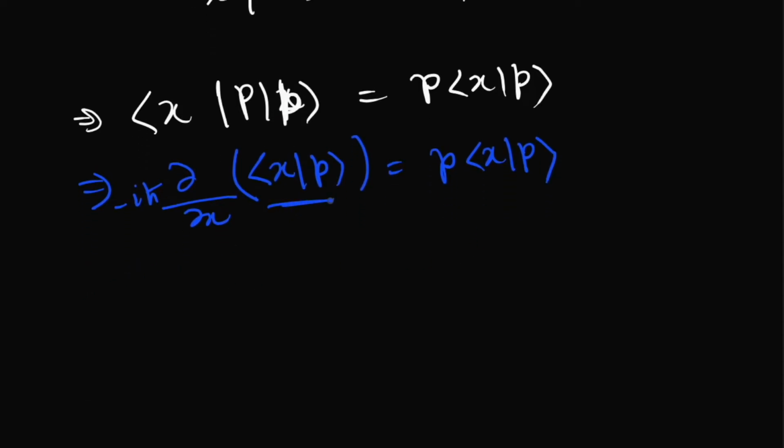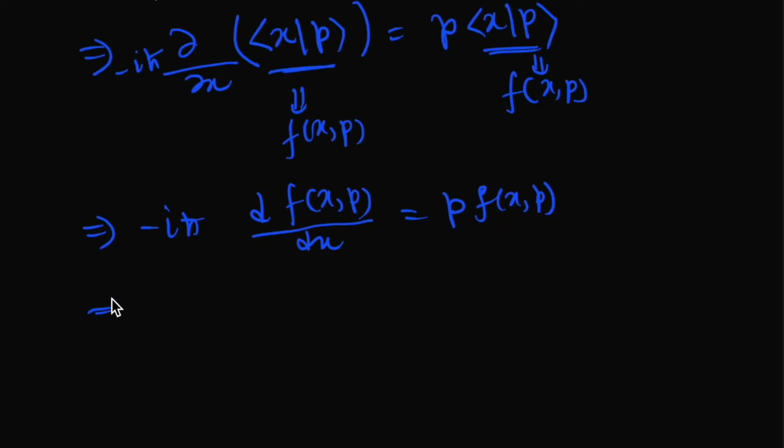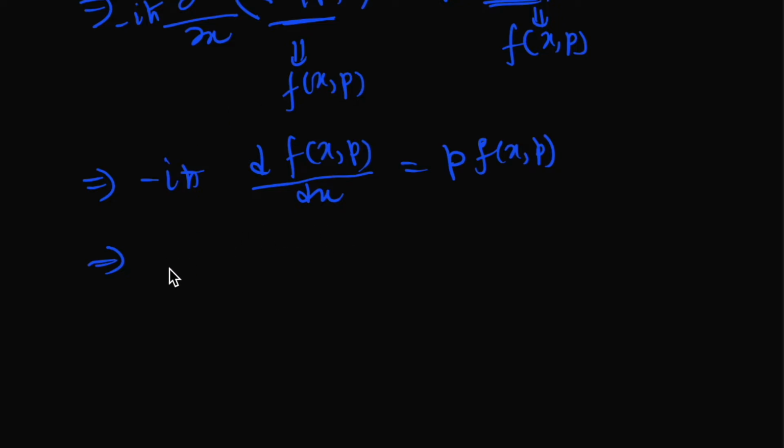Since this is only a function of x and this is also only a function of x, we can write it as a function of x comma p, f of x comma p, and this is also a function of x comma p. So minus iħ ∂f(x,p)/∂x is equal to p f(x,p). Now let us solve this differential equation.